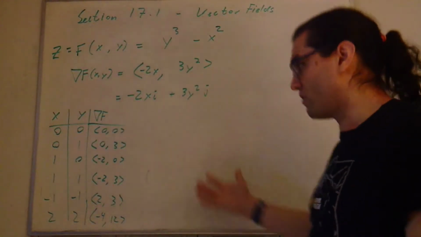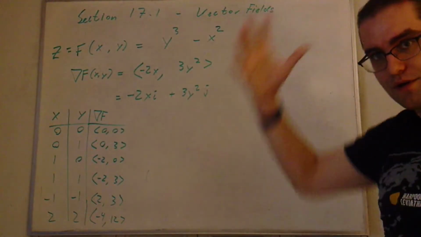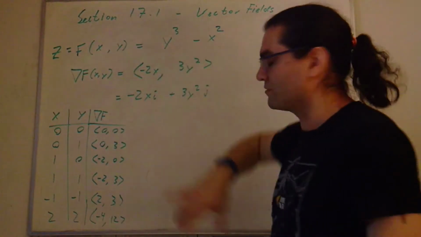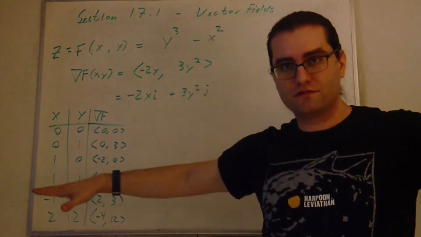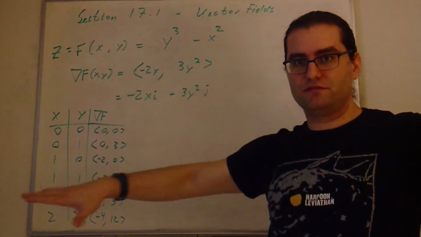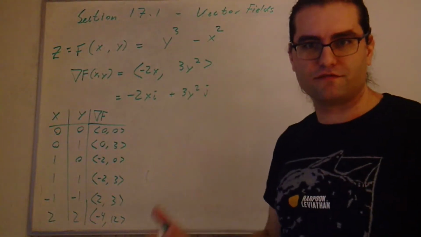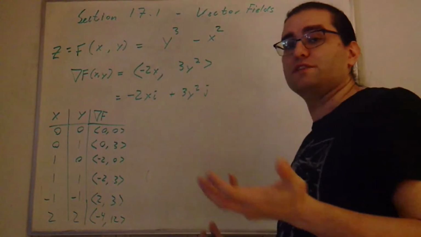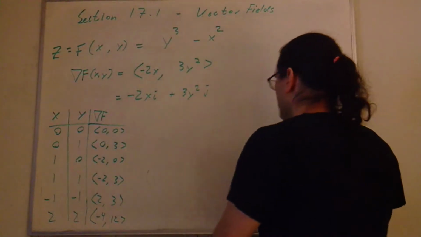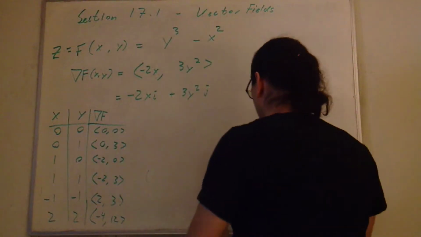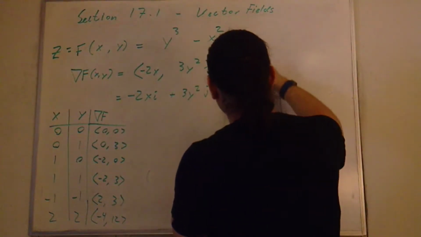And we can still draw this. We're not going to get a three-dimensional surface like this thing is. We're going to get a field. The entire xy plane is going to be covered in little vectors. And we're not going to draw them all because there's infinitely many. That would take too long. But we can draw enough that we have a decent idea of what this vector field looks like.